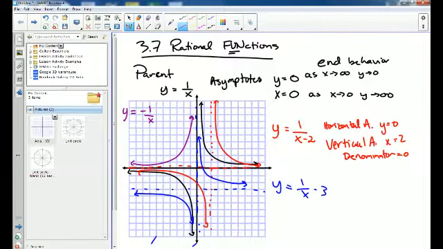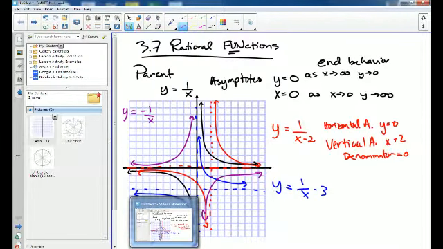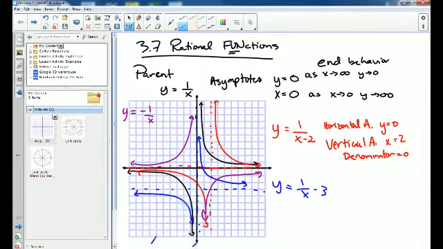An inverse is a reflection over y equals x. So you take the black one and you reflect it. Okay, are we good? So the graphs, this is the main point of this slide, give you an introduction to what an asymptote is.